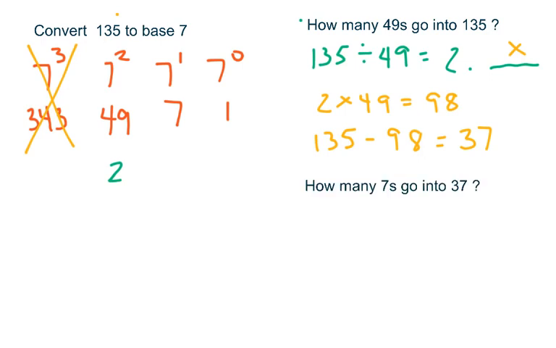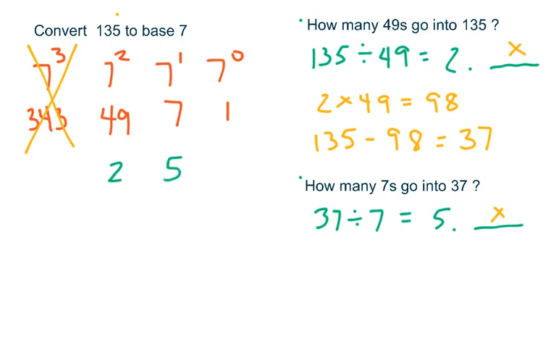My next step then is I need to fill in my 7s place value in my number. I need to account for 37. So the question I ask myself is, how many 7s go into 37? Just like we did before, we're going to divide 37 divided by 7. That will be 5 point something. Here again, I'm not interested in the something. What I am interested in is that 5, because now I know that in my 7s place in my number, I'm going to have a 5.